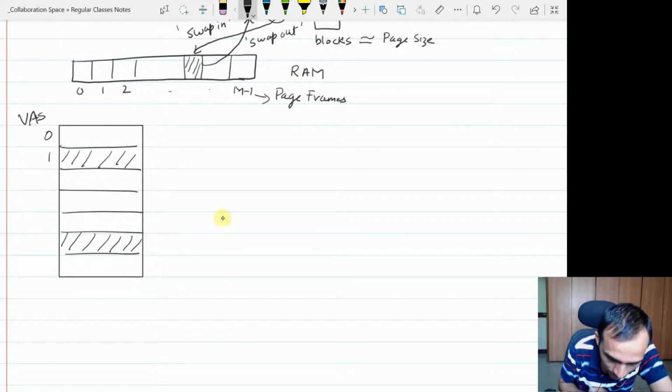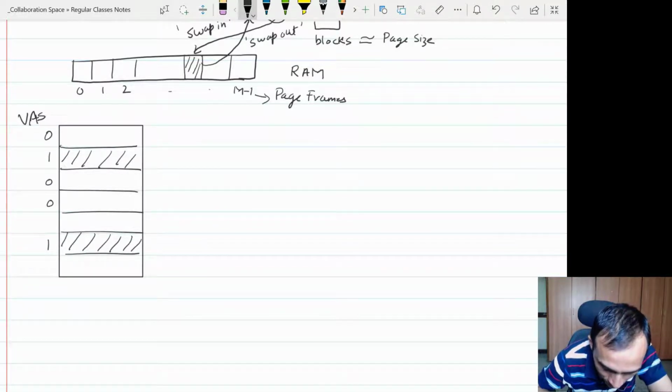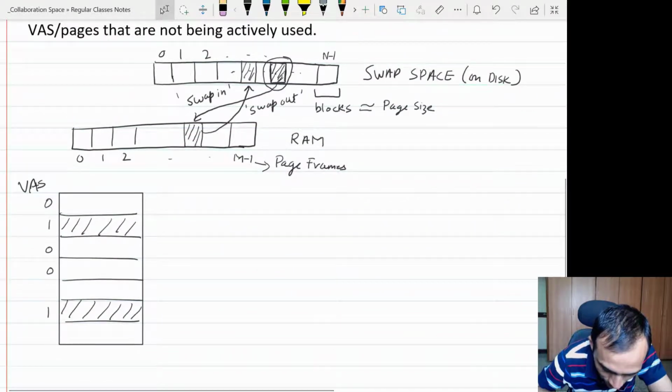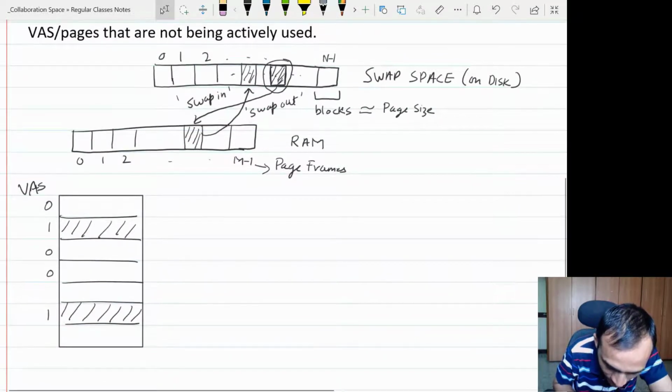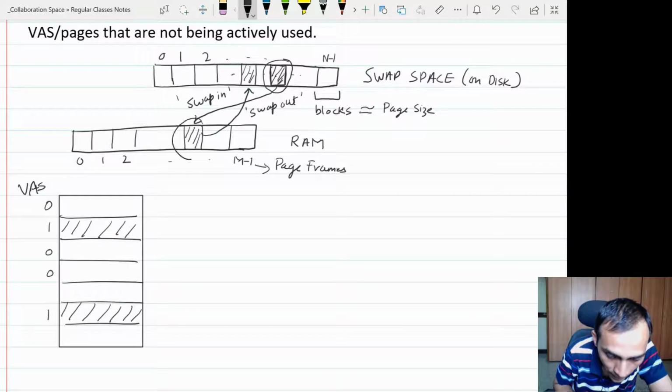Yes. How does the OS decide which page frame to replace? Which should be the victim page to be swapped out? Yes, we'll discuss policies for that. There are different algorithms for policies.